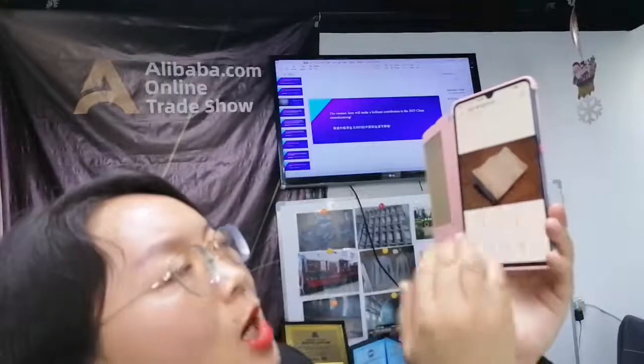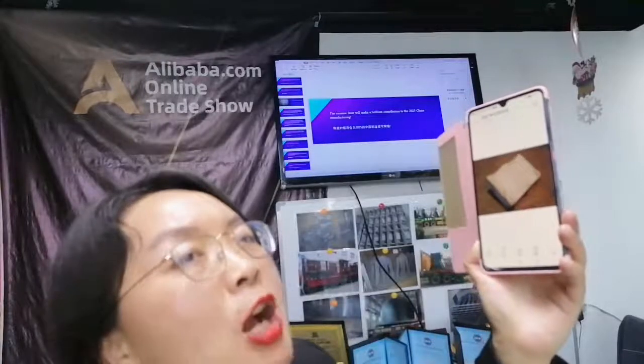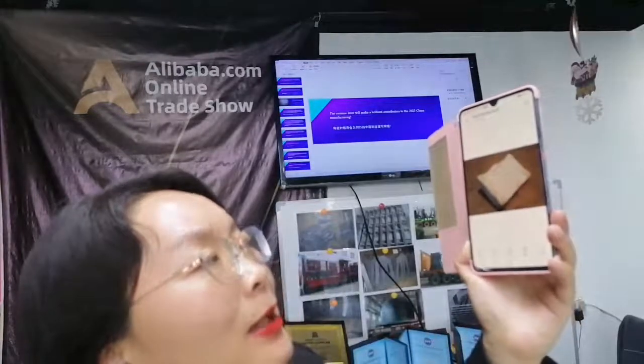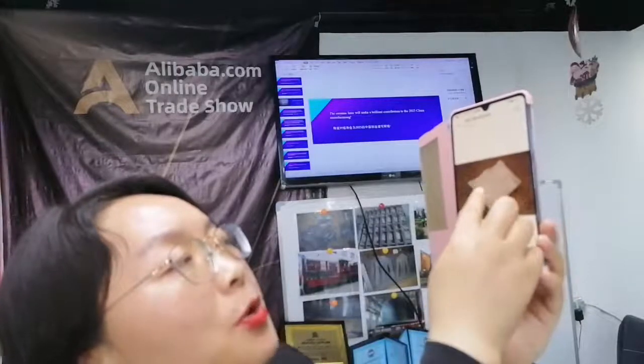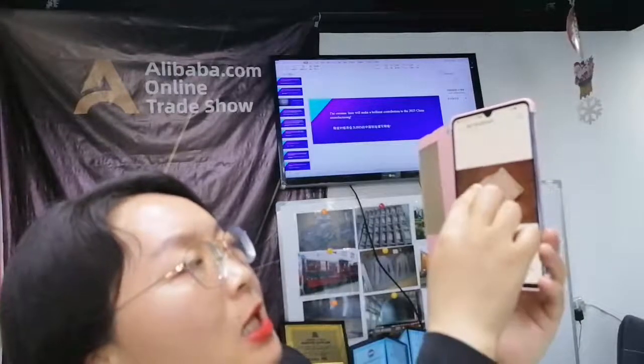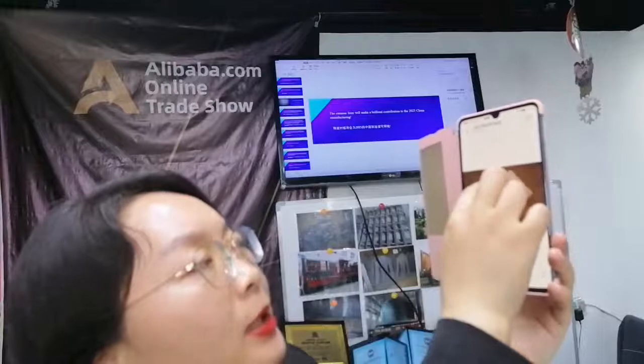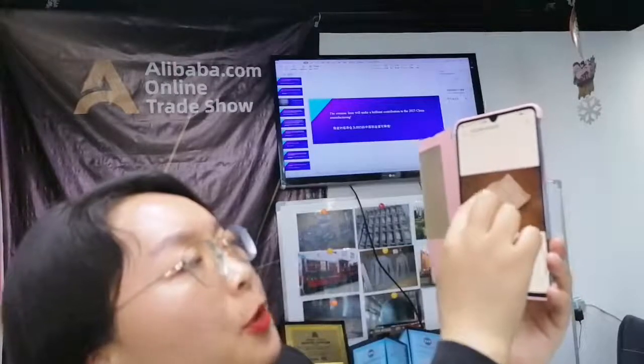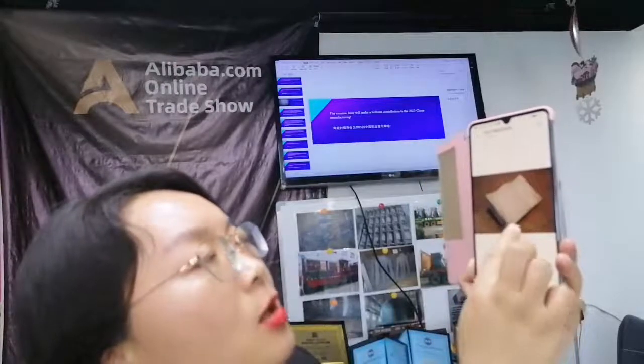Yes, this is a ceramic shell mill liners without bolt holes. You can see this is the peak. This is the bottom.